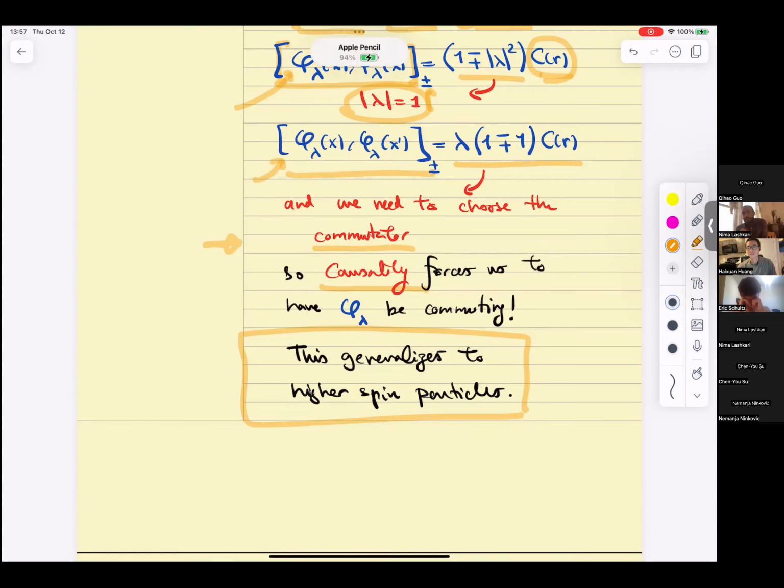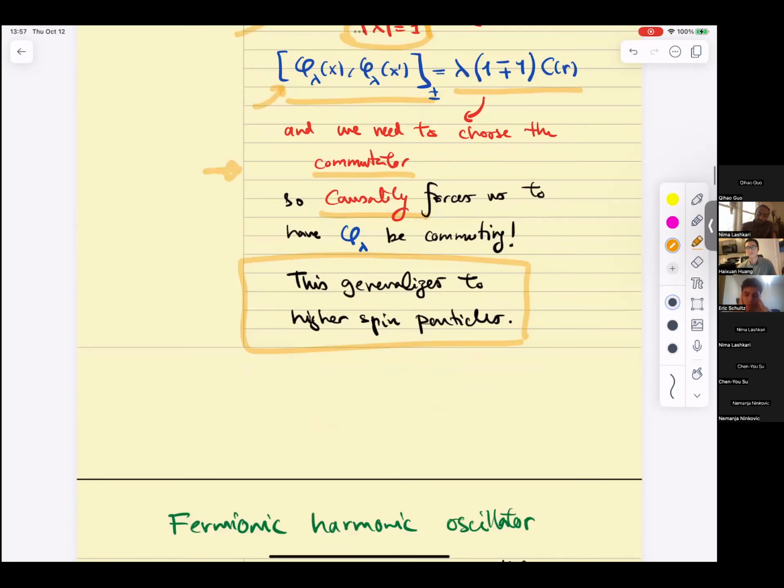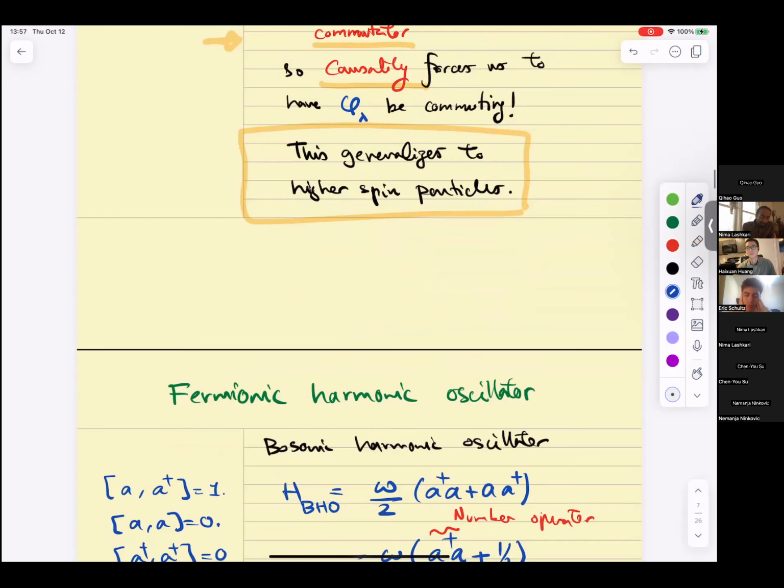Yes. In the Fock space, you start with the vacuum of the Fock space, right? Then you act with A dagger of k.